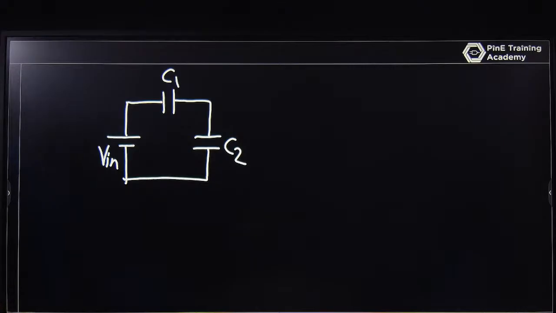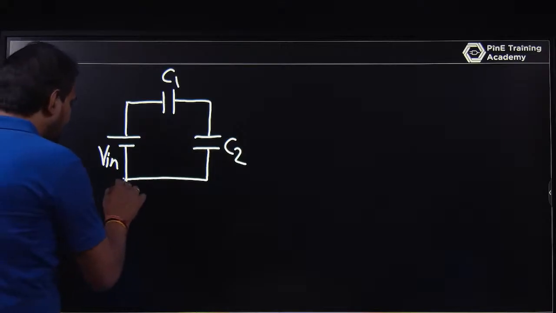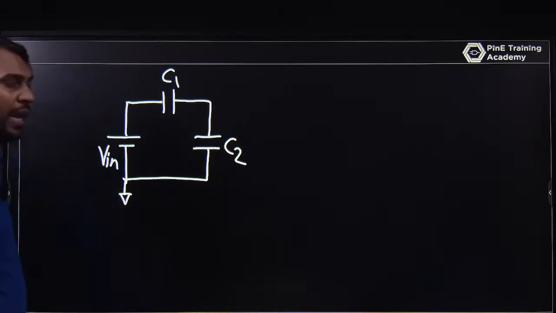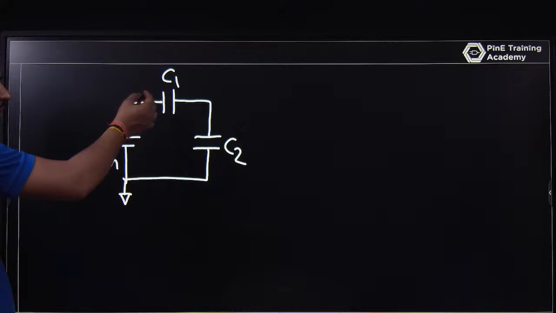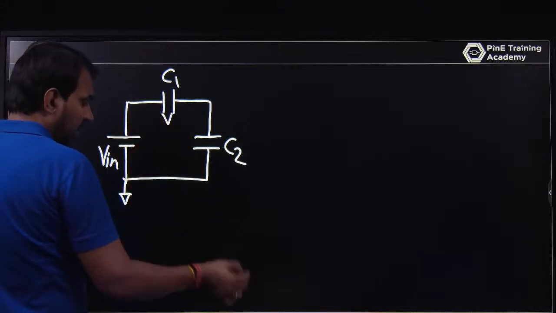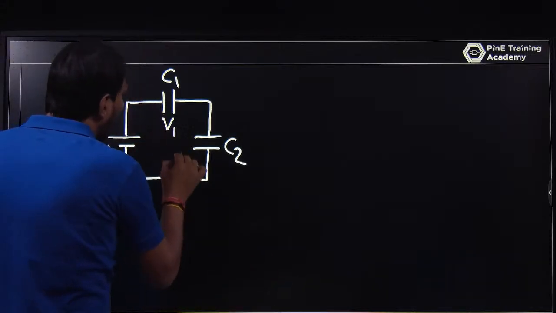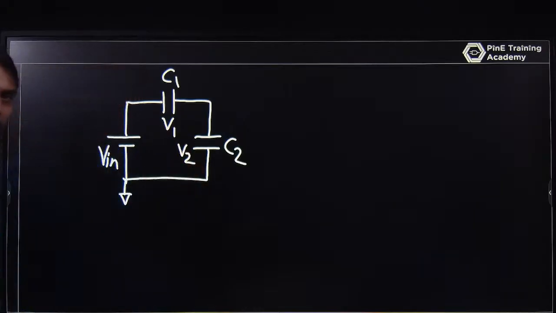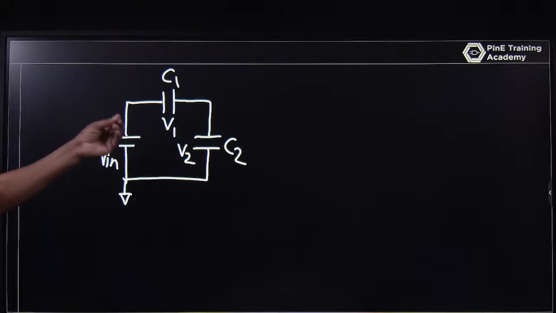Let before T1 C1 have a voltage V1, and this is V2. Just like the previous one, capacitor C1 and C2 have initial voltages V1 and V2.